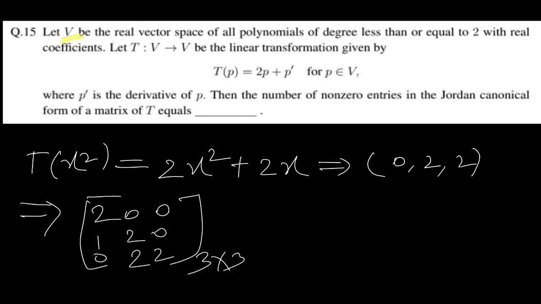There is 1 eigenvalue which is repeated, so the AM of 2 is 3. And we find the GM of this for the Jordan canonical form of this matrix. Then find the GM of 2.